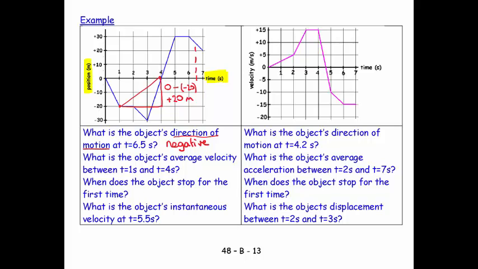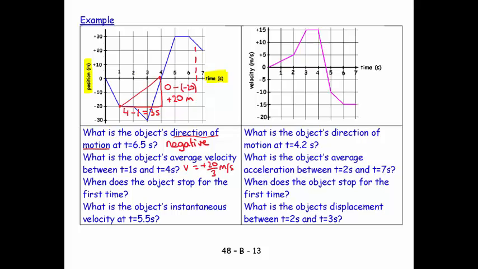And my run is 4 minus 1, which equals 3 seconds. So I would say that my velocity is equal to plus 20 over 3 meters per second. Be nice if that worked out as a whole number, but it didn't. I'm not going to worry about it.